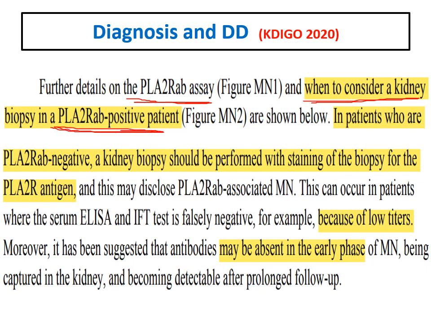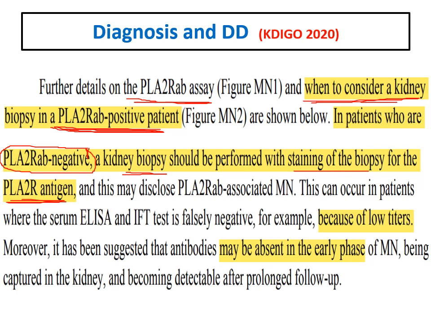In a patient with a positive serology, we might need a kidney biopsy in some situations. We will discuss the situation now. And in a phospholipase A2 receptor negative patient with negative serology, as we said, we should ask for a kidney biopsy with a staining for the phospholipase A2 receptor antigen.